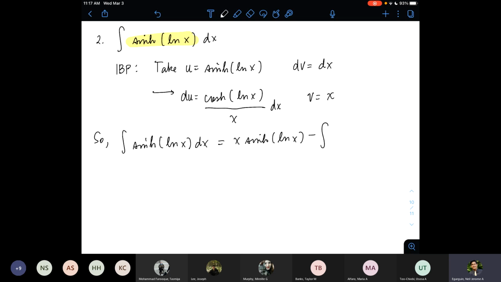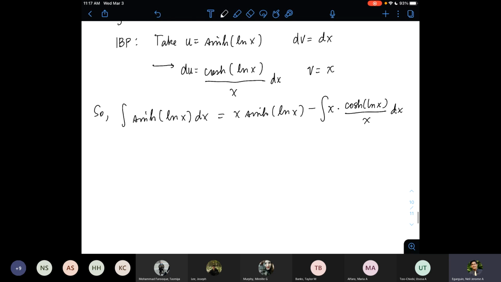We're crossing our fingers here. We want this integral to be easier to evaluate. So we'll have x times hyperbolic cosine of ln x all over x dx. Then we simplify the integrand, so I'll have hyperbolic cosine of ln x.